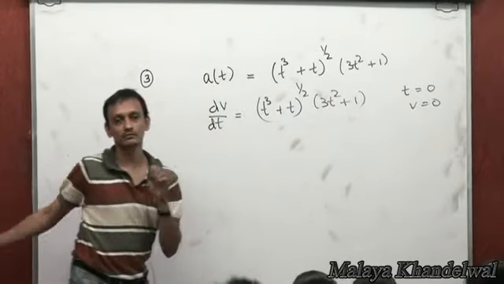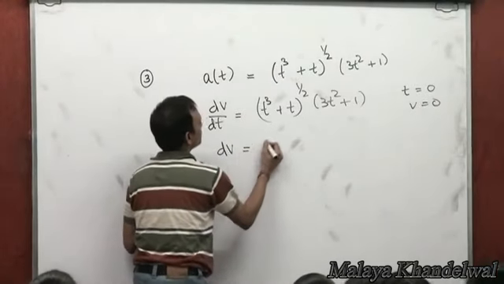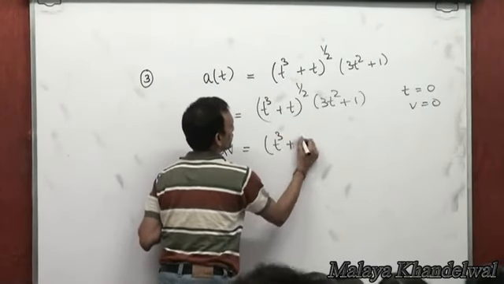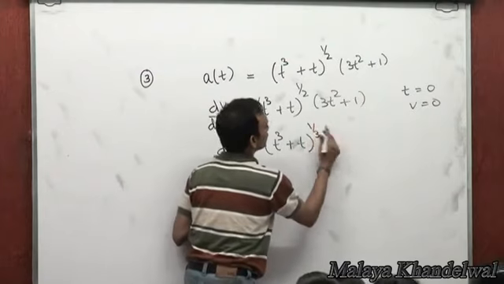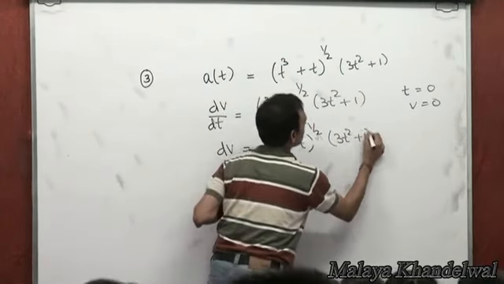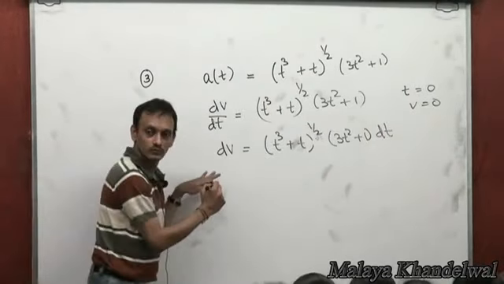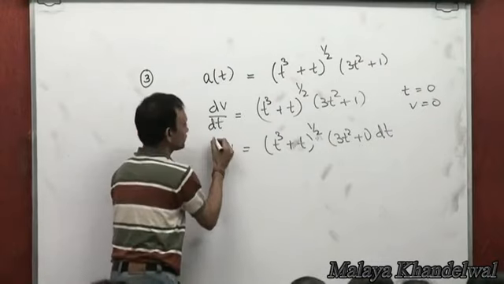Three t squared plus one. dv then is like a t cube plus t to the power half into 3t squared plus 1 dt. What do we do? Integrate.